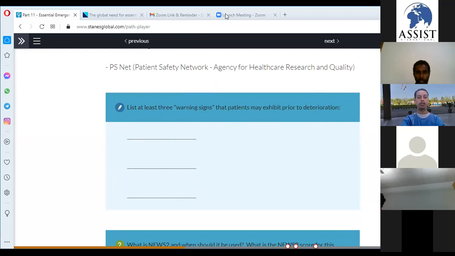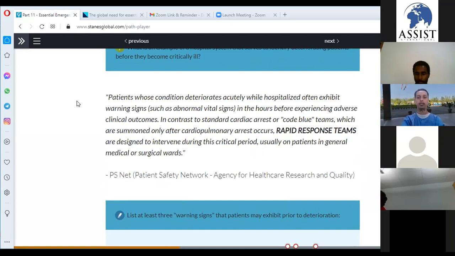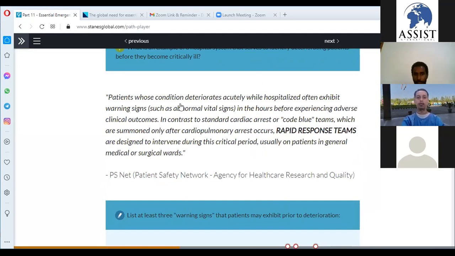Dr. Hussein, while they're listing out some of the warning signs, can we say a bit about the rapid response team? This is not common in our setup. As you know, usually it may be difficult in settings, especially away from tertiary centers, to have this rapid response team.